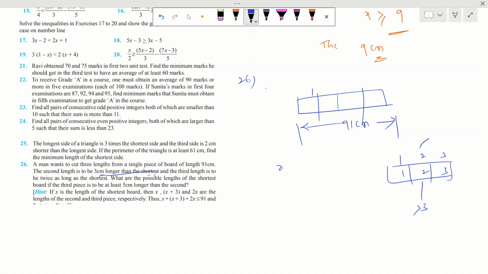The shortest I will consider as x, then it is x plus 3. So the second length will be 3 greater than the shortest one, and the third one is twice the shortest.